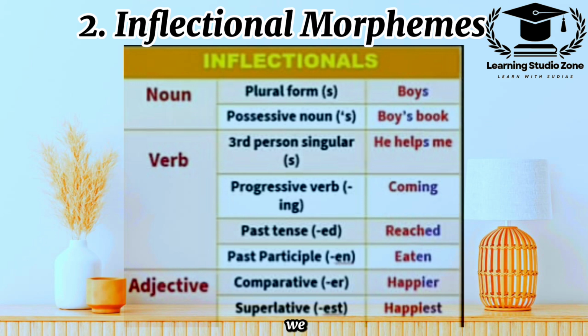In the past tense we have ed, and in the past participle we have en. In adjectives we have two inflectional morphemes, the comparative er and the superlative est. So in inflectional morphemes, we just study the eight inflectional morphemes. In English, we have just eight inflectional morphemes.